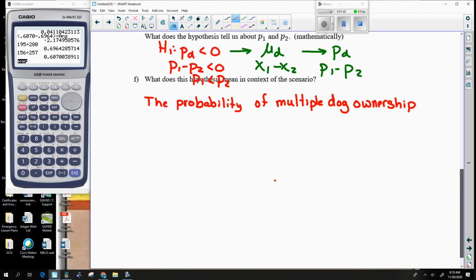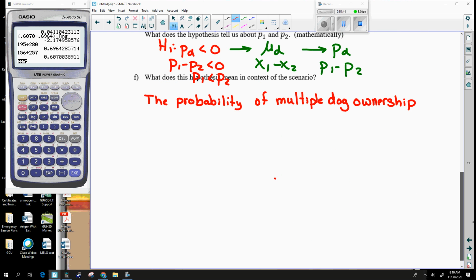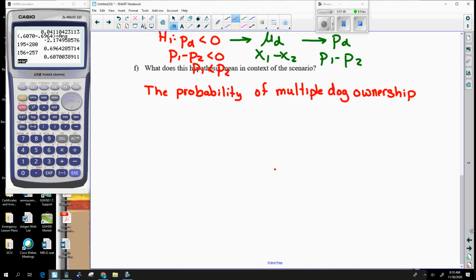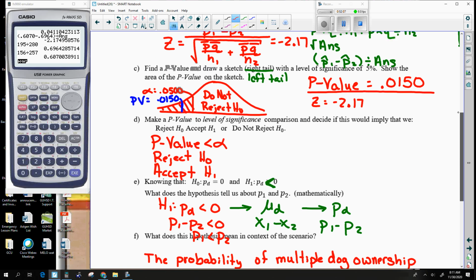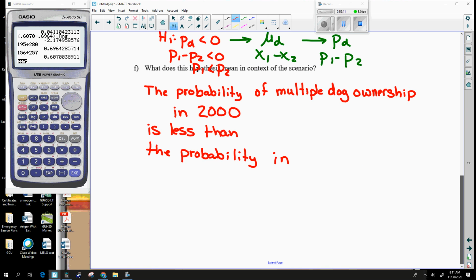Okay, the probability of 1, which is in 2000, is less than the probability in 2010.